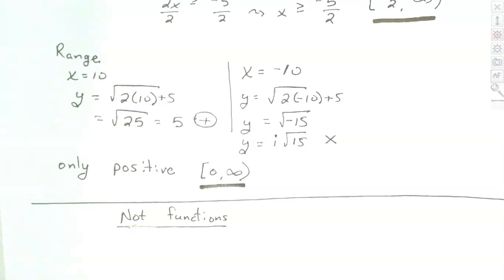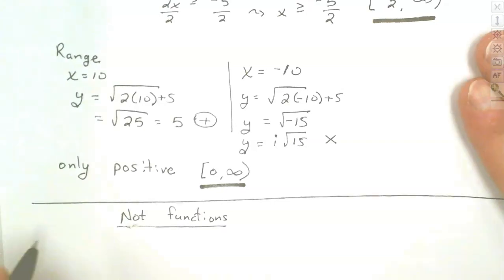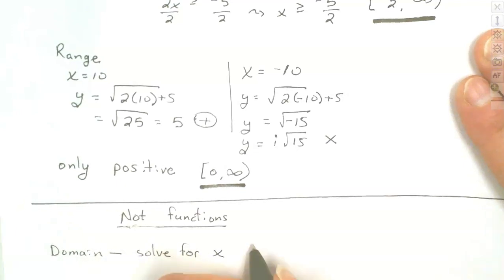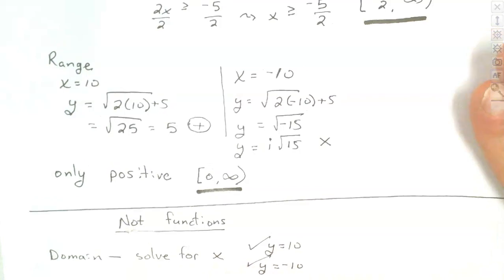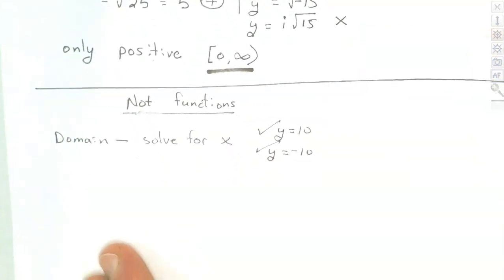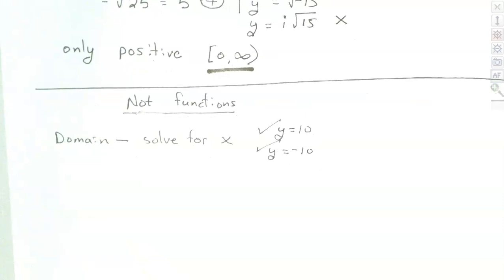If it's not a function, for the domain, what you need to do is solve for x, and then you've got to check y equals 10 and y equals negative 10, just like we did with the range earlier. We just plug those two values in and we see what the signs are.